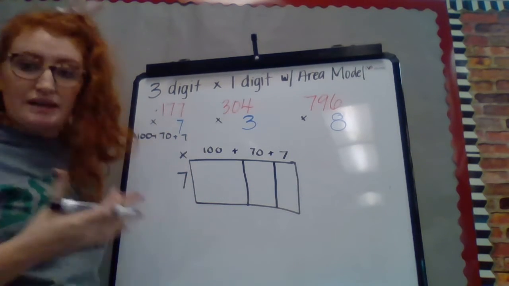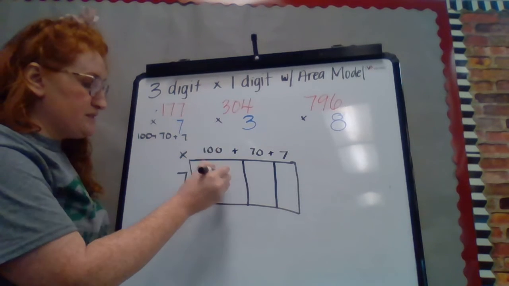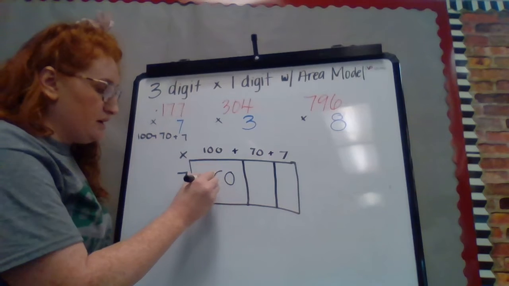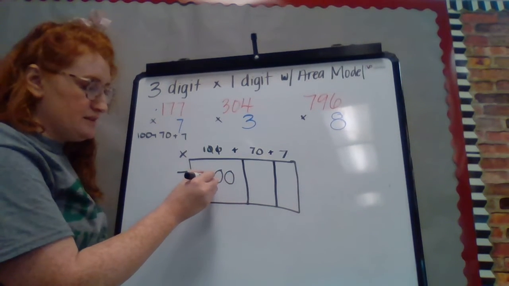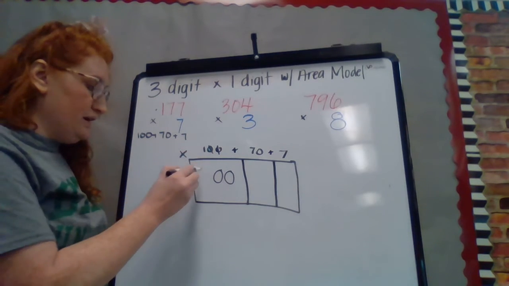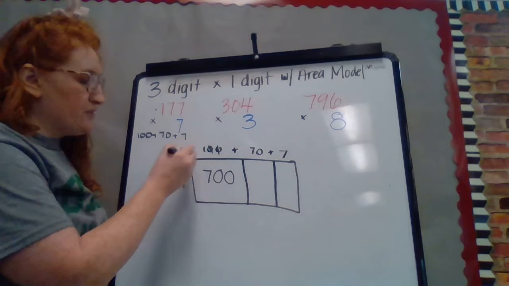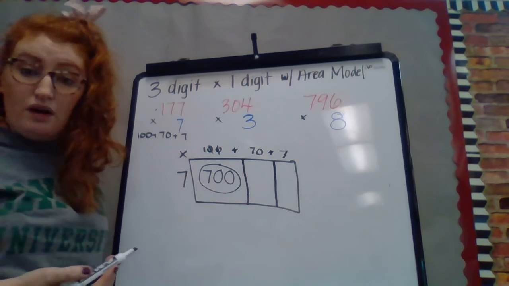But you can use that same trick that I taught you yesterday, where you can take the zeros, there's 1, 2 zeros, and you can drag them down here because they take up the ones and the tens. So now I can just focus on what's in the hundreds place, and that would be 7 times 1, which gives me 700. There's nothing else to do with this box, so I'd circle it and move on.